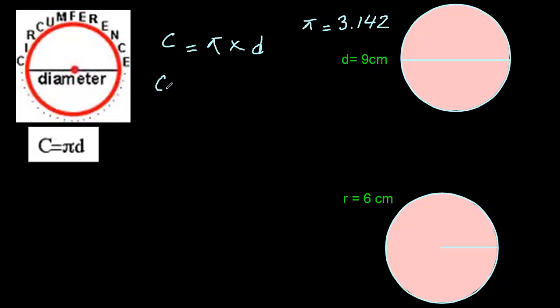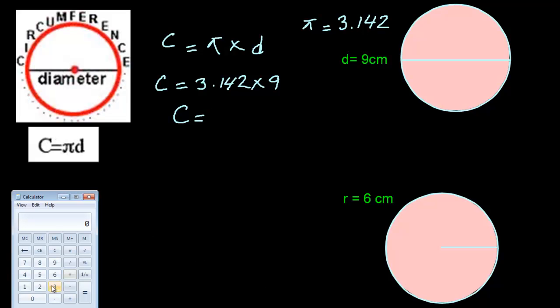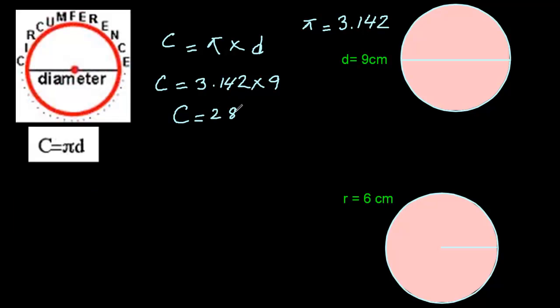If I substitute these values in, I will get 3.142 times 9. I will need to use a calculator to work this out. 3.142 multiplied by 9 is equal to 28.278.